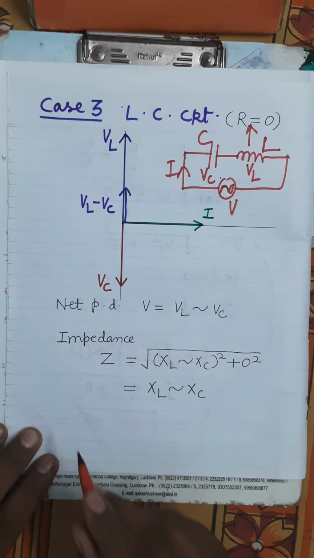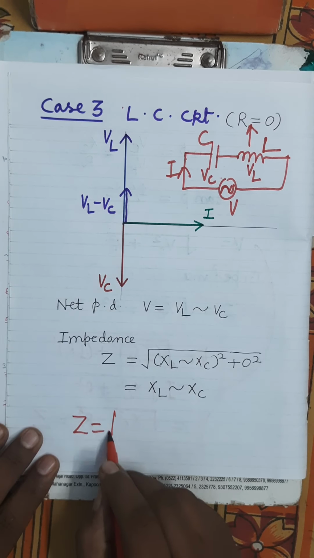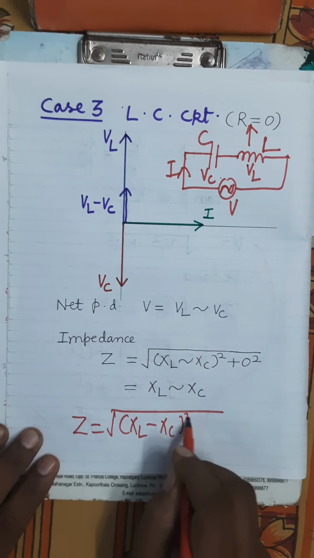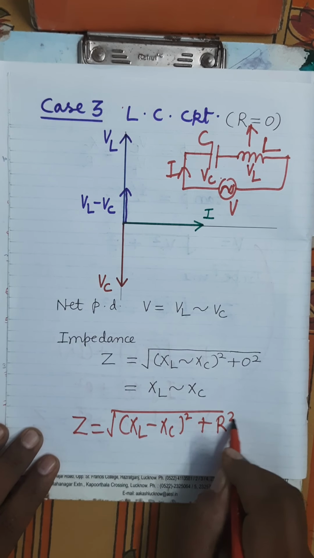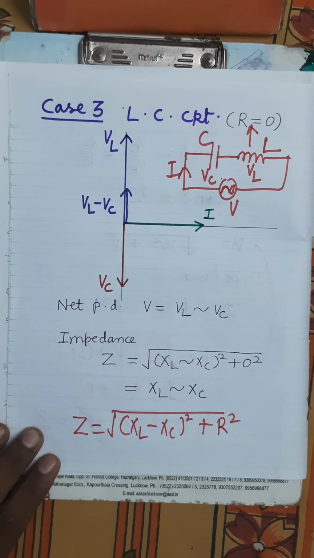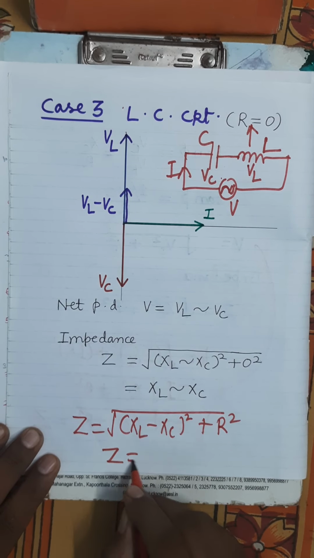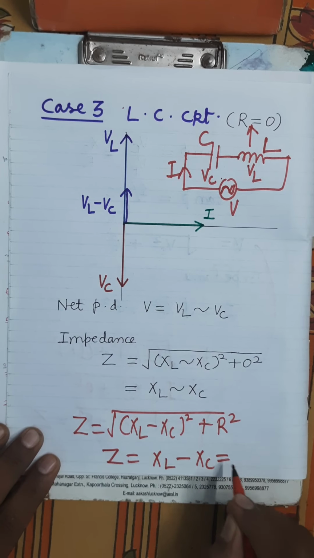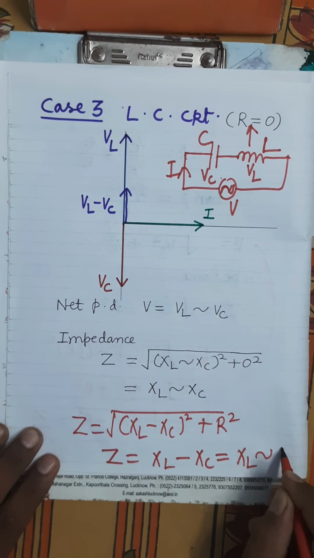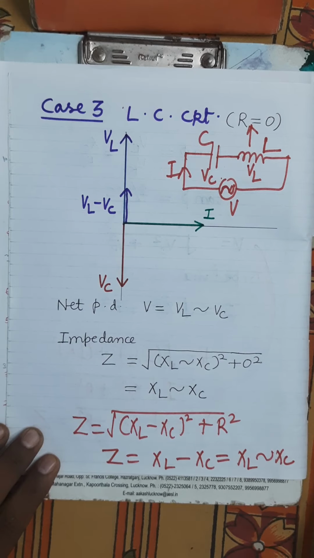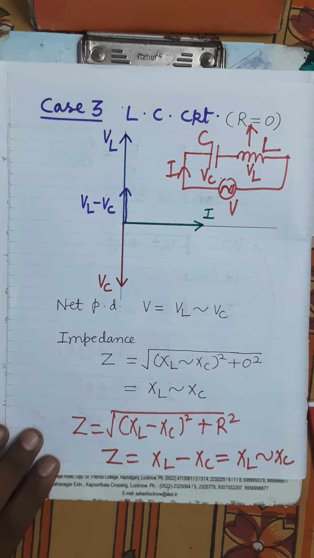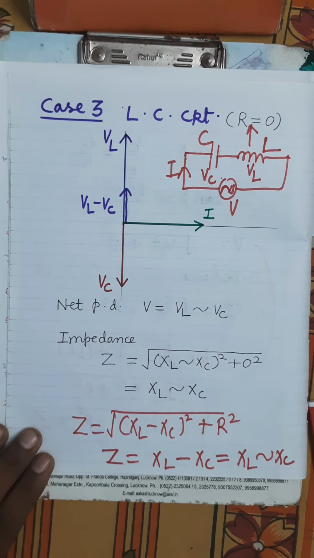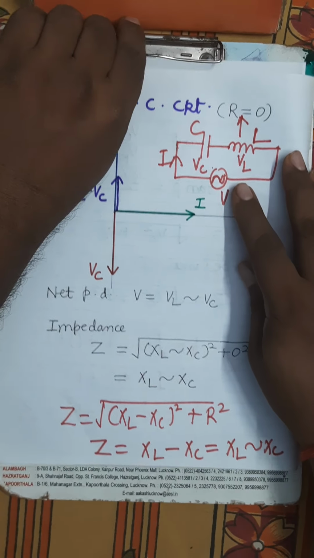The formula of impedance is the square root of XL minus XC whole squared plus R squared. Since R is 0 here, Z will be XL minus XC, or we write it as the difference of XL and XC. So this is the LC circuit.